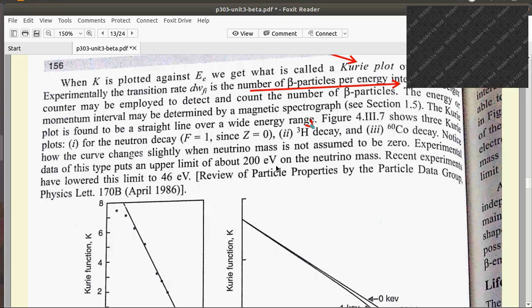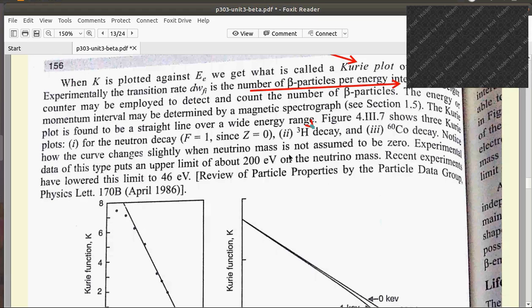That is 10 raised to minus 10 times the mass of a proton. That much lighter is the neutrino. That is the current estimate.